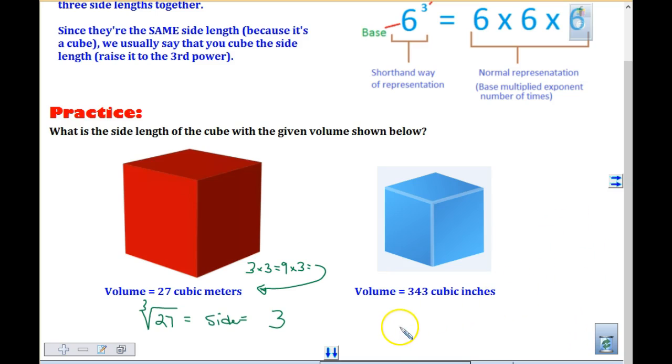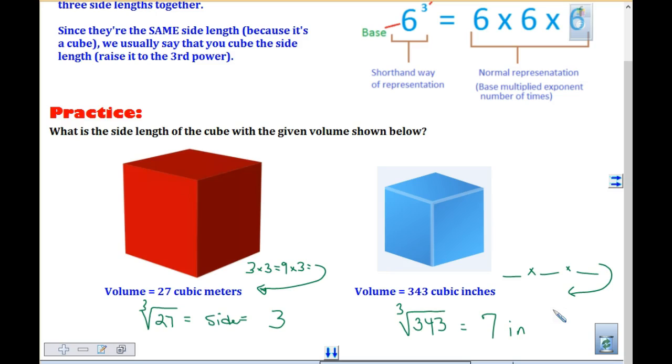And this one, again, we are thinking, take the cube root of 343. We're looking at what number times itself 3 times is equal to 343. And that number actually happens to be 7. And so in this case, we're going to say 7 inches.